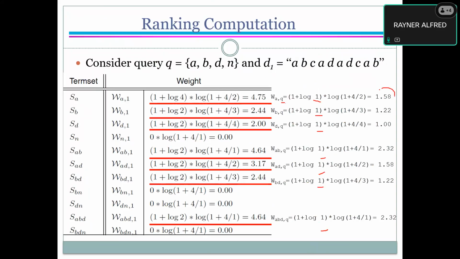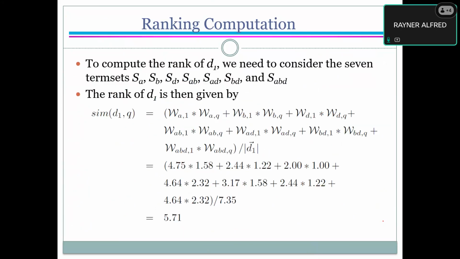So once we get the weightage of the term set in the query, we can simply use the cosine ranking function. Basically, we just multiply the weights for the same term set that we have, for A, B, D, and AB, BD, ABD, and divide by the length of the document.